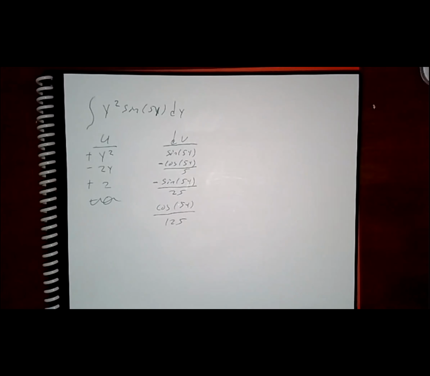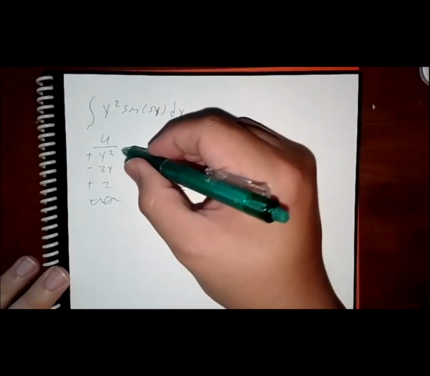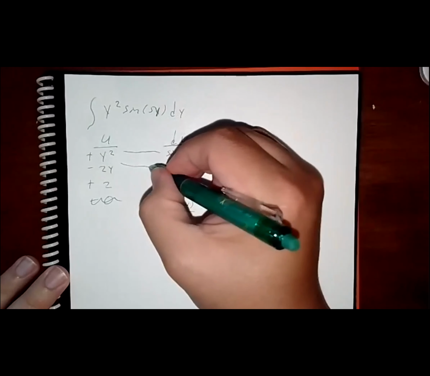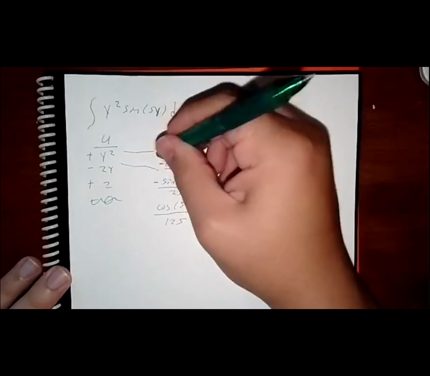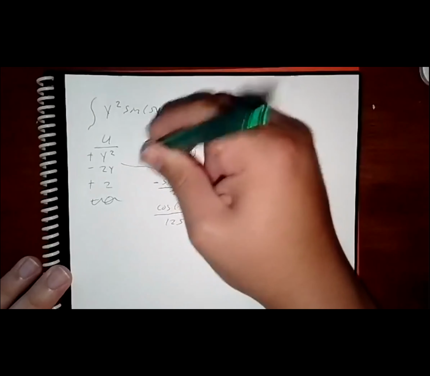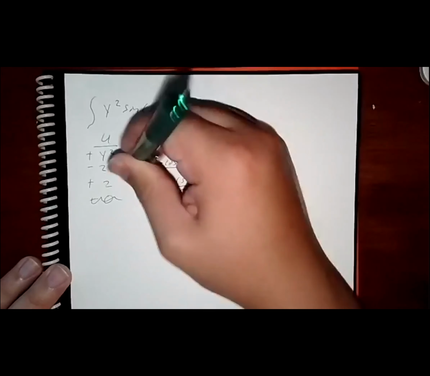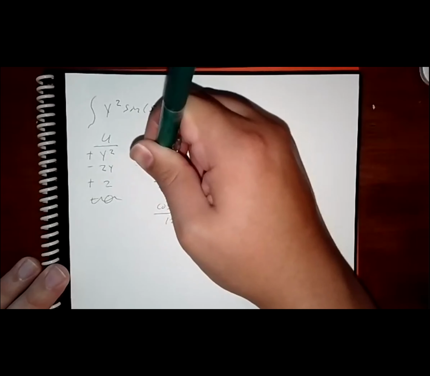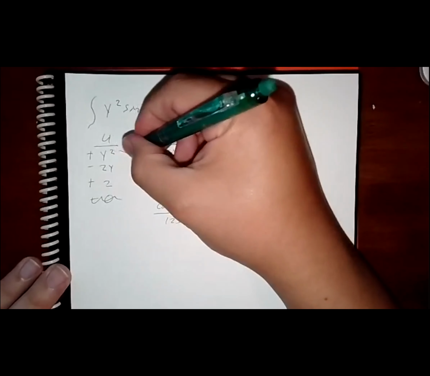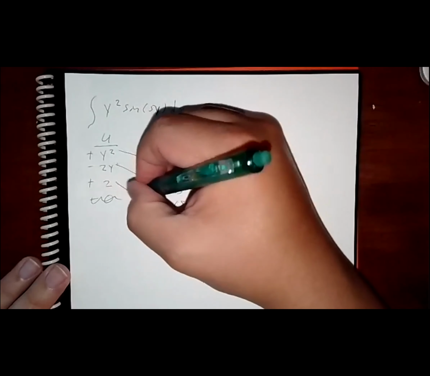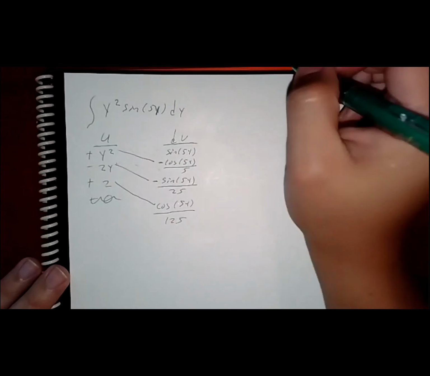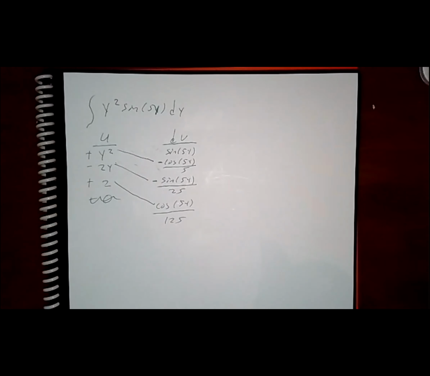So then you just draw lines like this. You skipped the first one. You go like this. This one. This is like the u v. See what I mean? So plus, minus, plus, it always alternates this way.